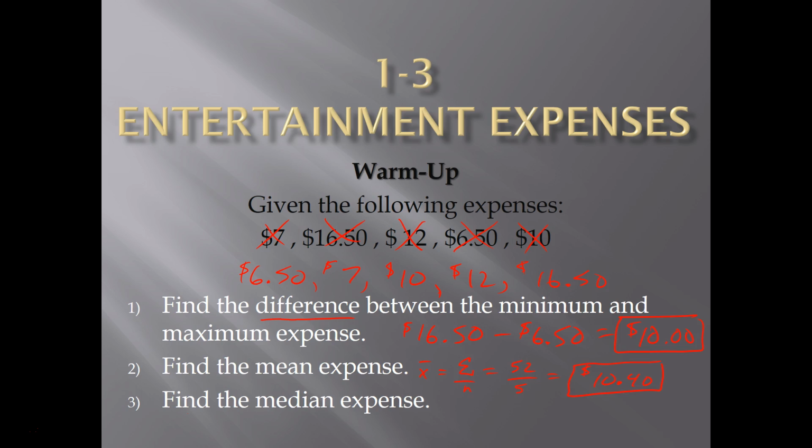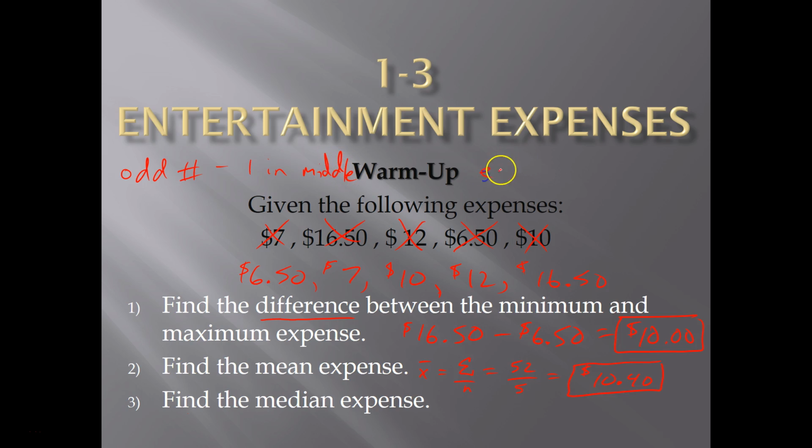Alright, now the median is the one that's in the middle. Sometimes you have 1 in the middle, sometimes you have 2 in the middle. The way to know this is if you have an odd number of data values, there is 1 in the middle. There's one single middle value, and that's called your median.